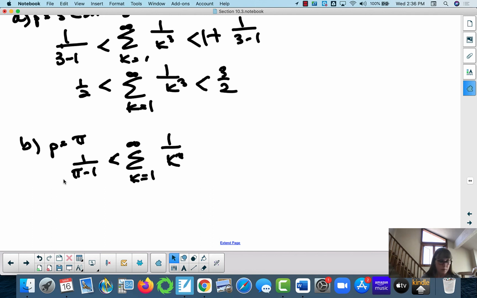And then that's going to be less than 1 plus 1 over pi minus 1. And then we can leave it like that. So again, all this tells us is what the lower and upper bounds are. So we know about what the sum is, but we still don't know exactly what the sum is.